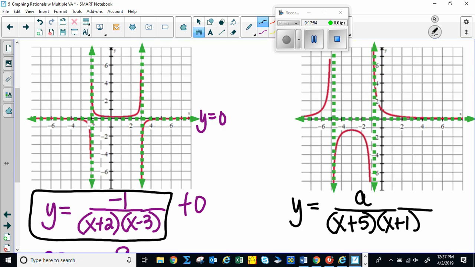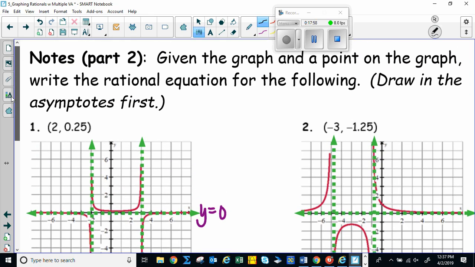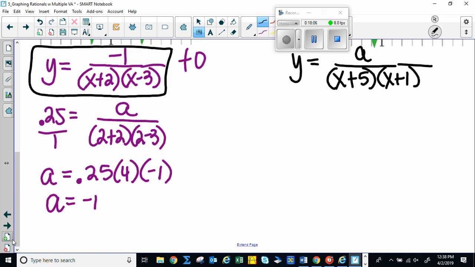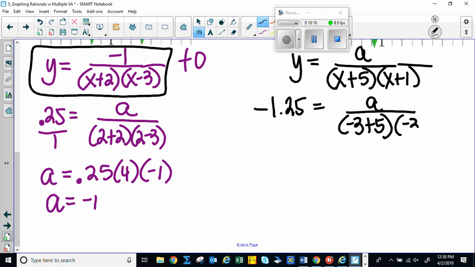I know a is going to be positive. And I'm given an ordered pair, an xy value here, of -1.25 and -3. So everywhere there's an x, I'm going to replace x with -3.